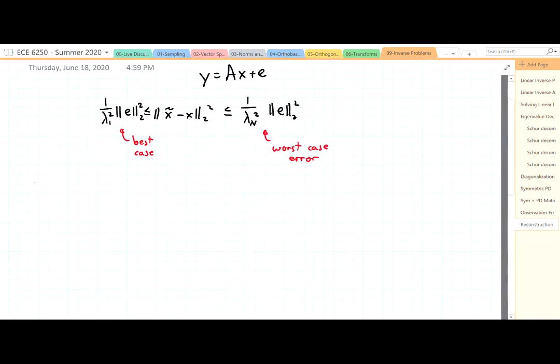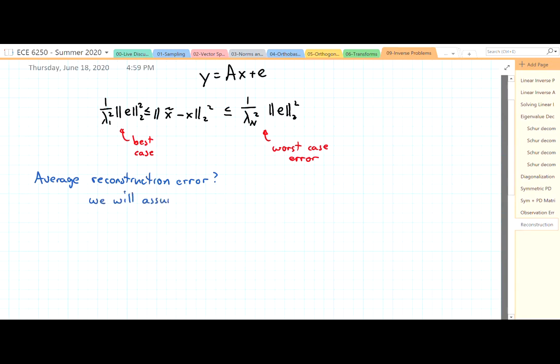So, for our average reconstruction error, we're going to have to make some assumptions, and in this case, we will assume that the entries, the individual samples in our vector E, are random, independent, identically distributed Gaussian. Let's write this down.